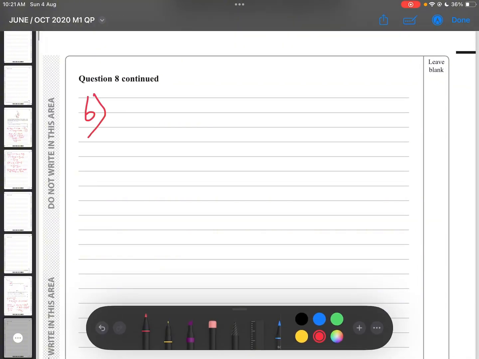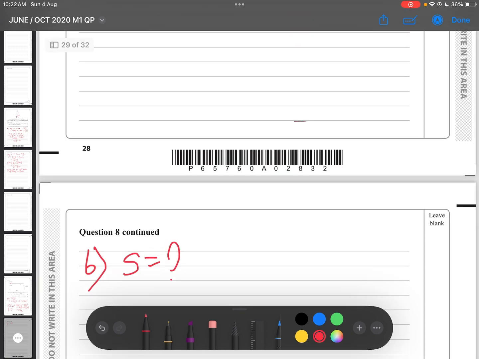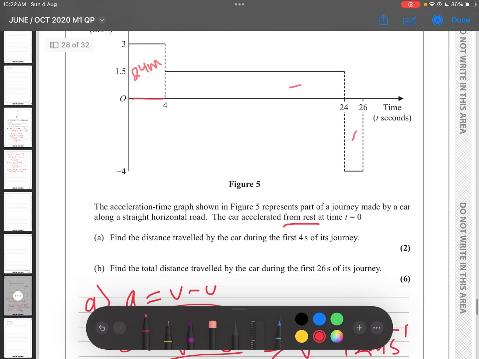Part B, we are finding s. The second stage is from 4 to 24, so the time is 20 seconds, and you can see it's moving with 1.5 meters per second squared acceleration. At this point it was moving with 12 meters per second, as we found.